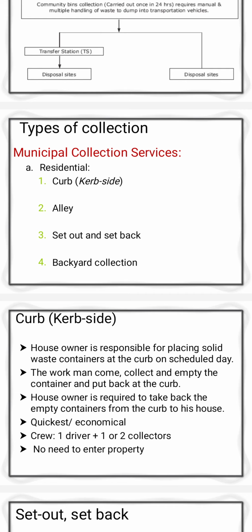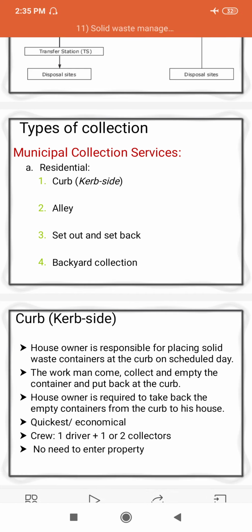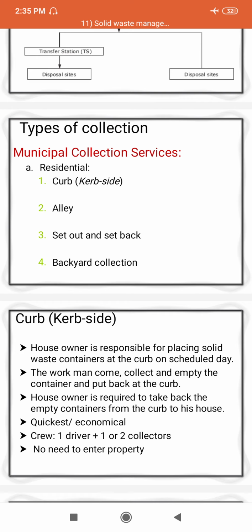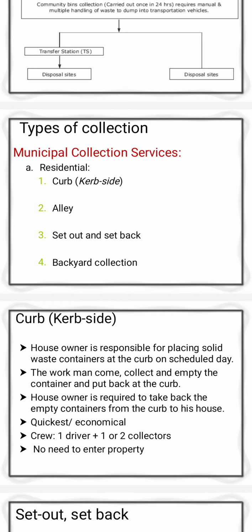And there is no need to enter the property. You can collect the waste from outside the house. So that system is called the curb system, where the owner is responsible for placing the container outside the house.